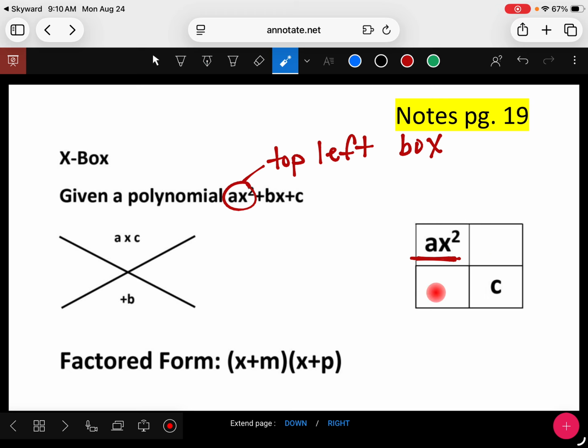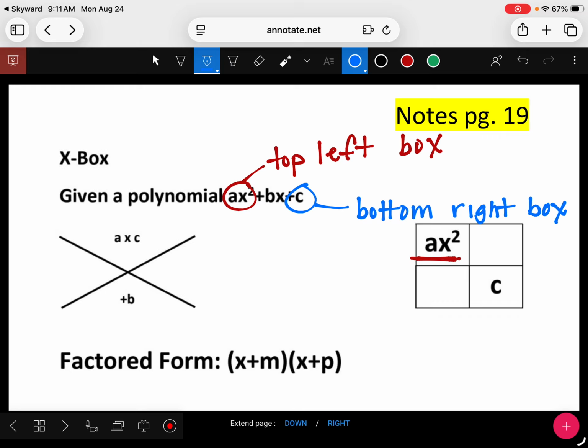This is the left column. So that has to go here. That's very important. The C value, this has to go in the bottom right box. That has to go here.